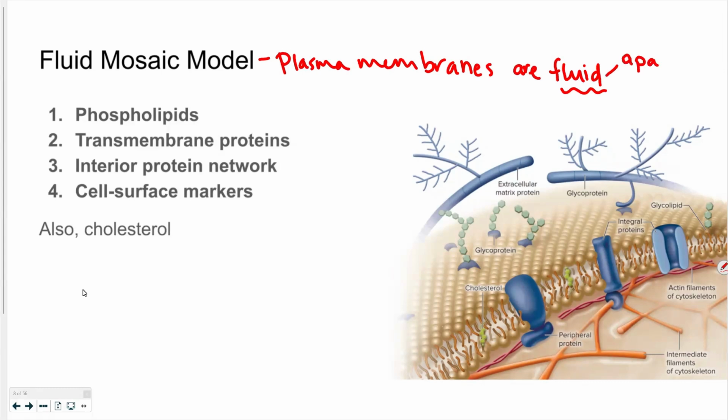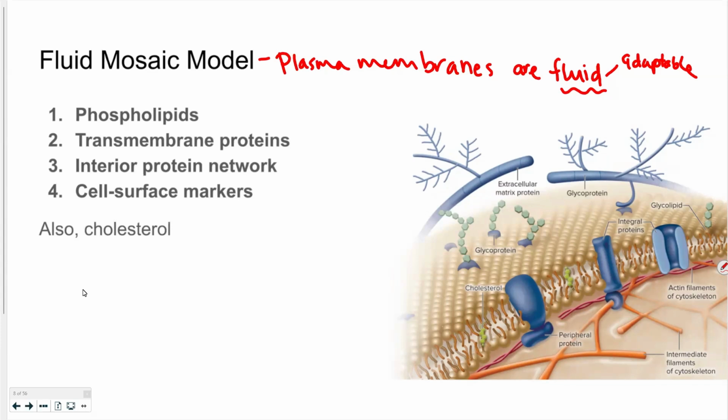So they're adaptable. So we can adjust the components, the amount of all these different structures that make them up.